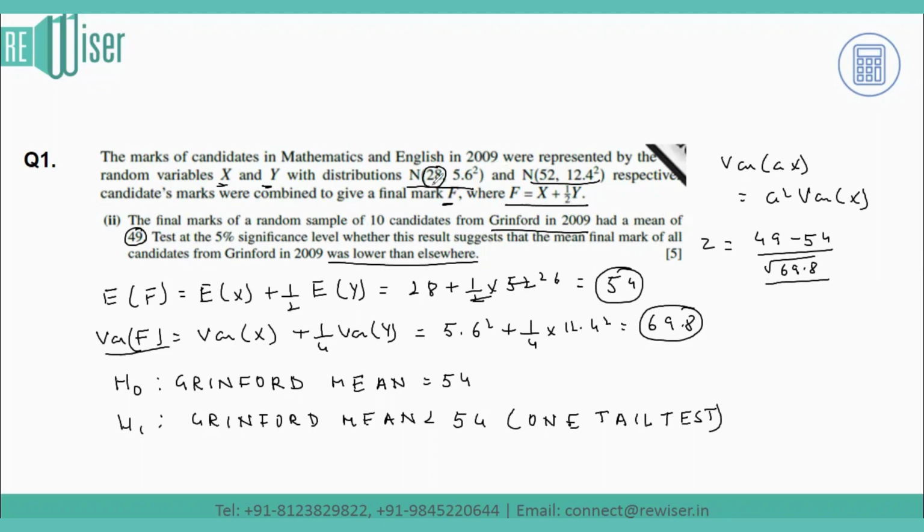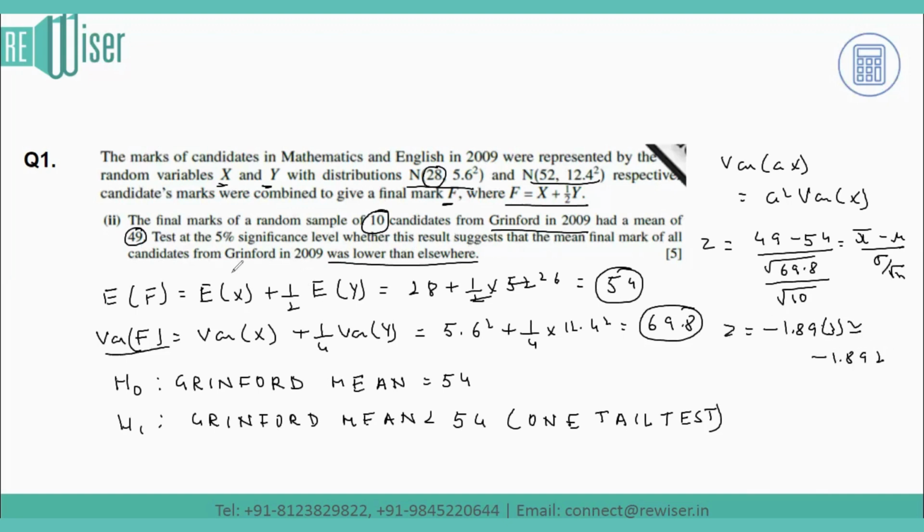Since we have taken it for 10 candidates, the sample size is 10, so that is root 10. So the formula that we used is the sample mean minus the population mean, divided by the standard deviation over the square root of the sample size. So the z test statistic that we got from here is minus 1.89. We can allow 3 decimal places, or we can even approximate it as minus 1.892 as well.